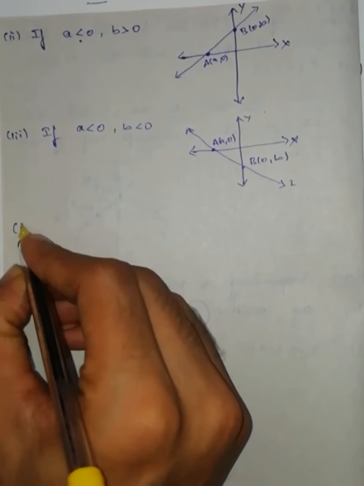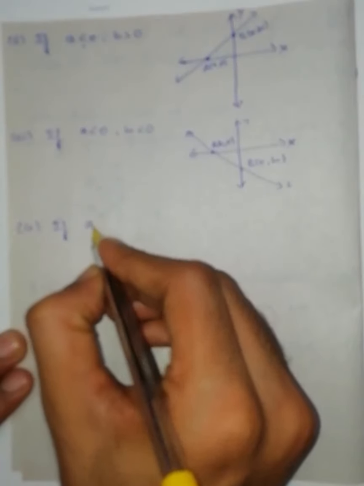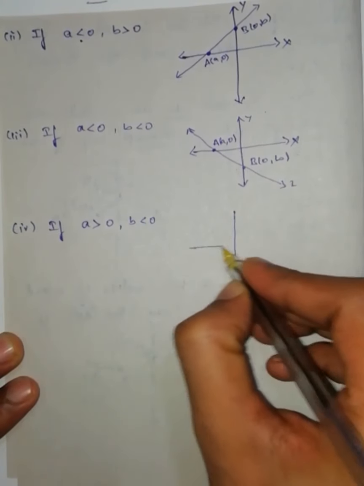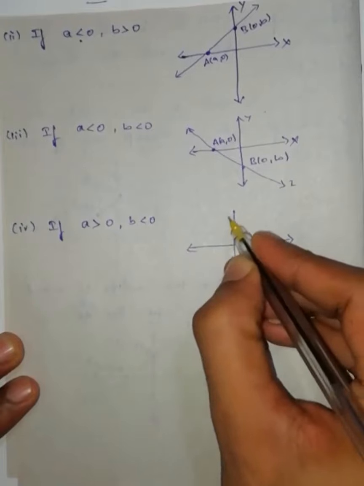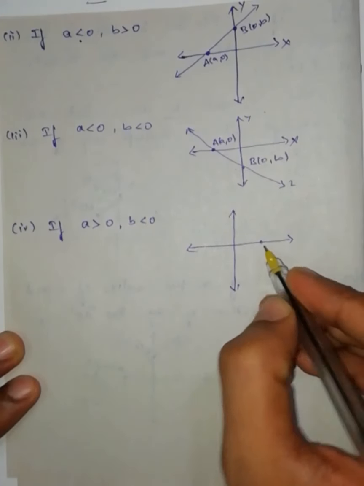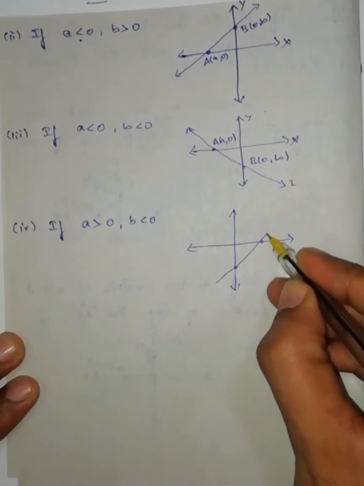Fourth one, if A is positive and B is negative, then since A is positive, the point A is here, B is negative, the point is here, this is the line.